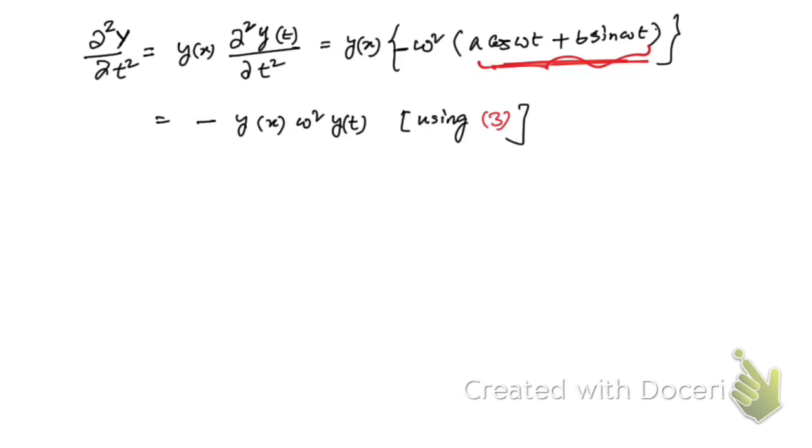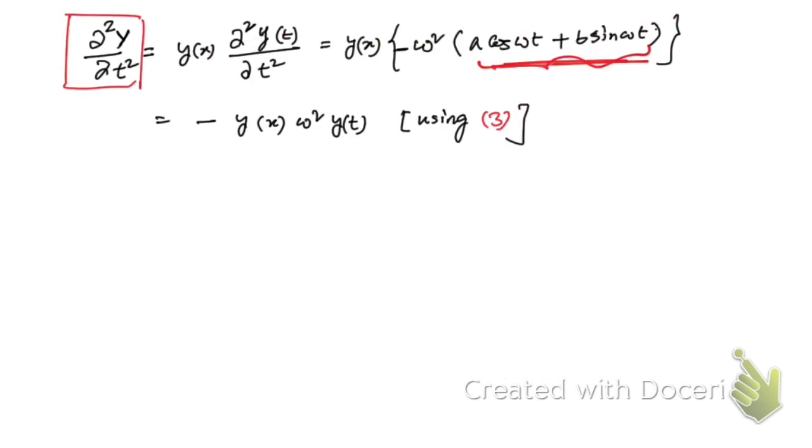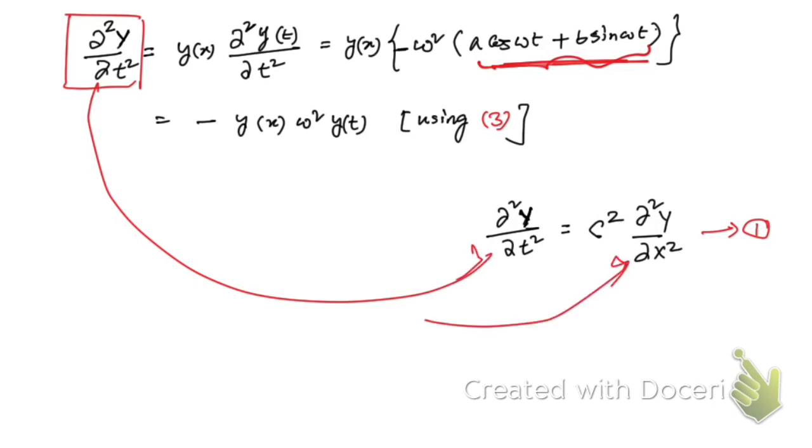Now from equation number 1, what you can write, this part from equation number 1, let me go back to previous slide. Here you see, this is equal to this, right? Let me copy this equation number 1. So this is the equation number 1, so we can replace this term by this one, right?